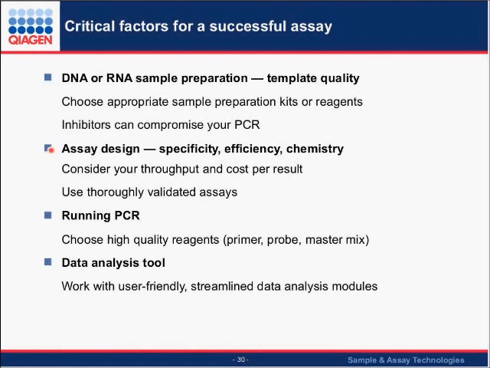Assay design has to be specific, efficient, and good chemistry. When you design your assay, you need to consider your throughput and cost per result, and you need to use thoroughly validated assays, whether that be, for instance, a Salmonella assay that has been given PTM status by AOAC or given validation status by AFNOR.